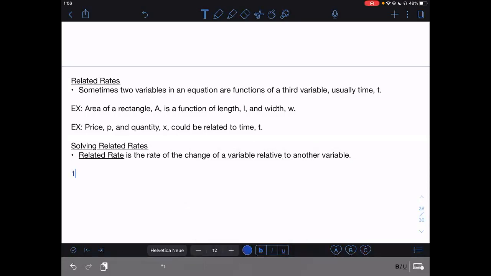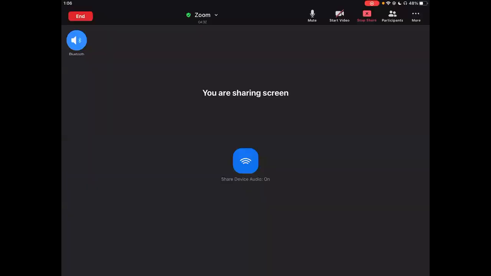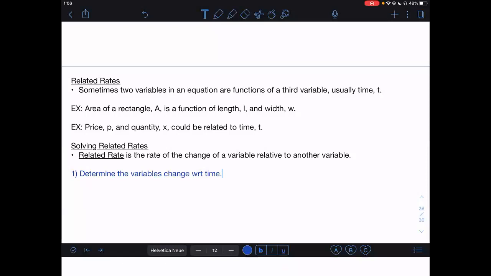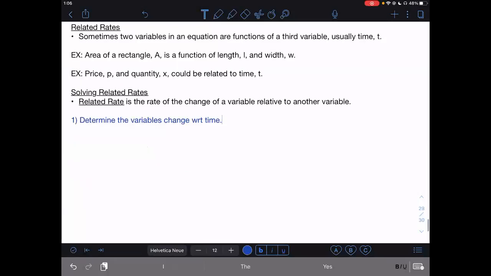Now, the first step when it comes to setting up these related rate problems is, again, we're going to assume that our third variable of interest will be time. So the first step is to determine the variables that are changing with respect to time. We call it WRT, which means with respect to. So first we have to figure out what the two variables of interest are that are changing along with time.